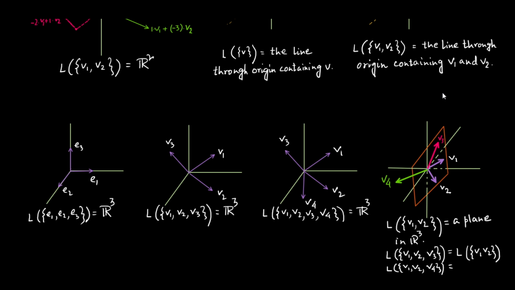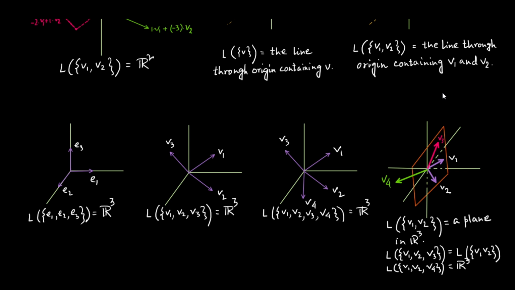The linear span of v1, v2 and v4. Remember, v1 and v2 are coplanar, but v4 is not lying in that plane. So now think and tell me what will be the linear span in this case. Absolutely correct. Now the linear span will be R3. Now the linear span will change. Now the linear span will become R3.